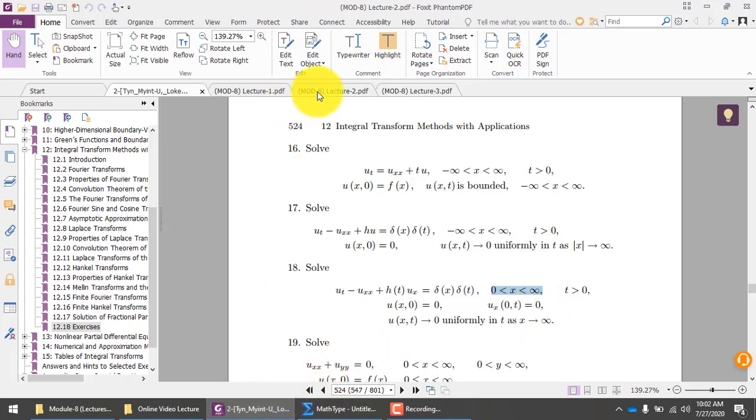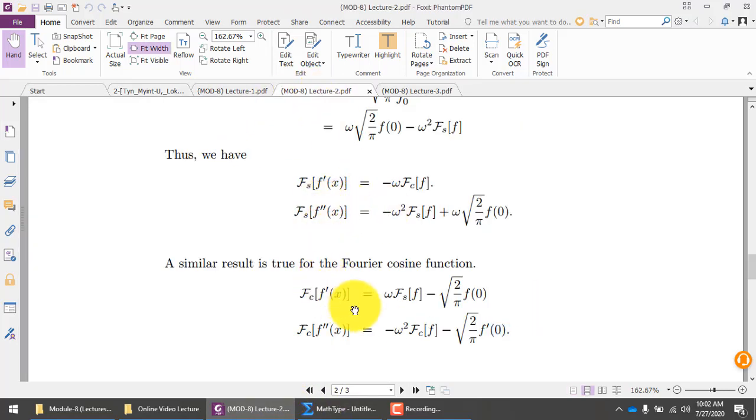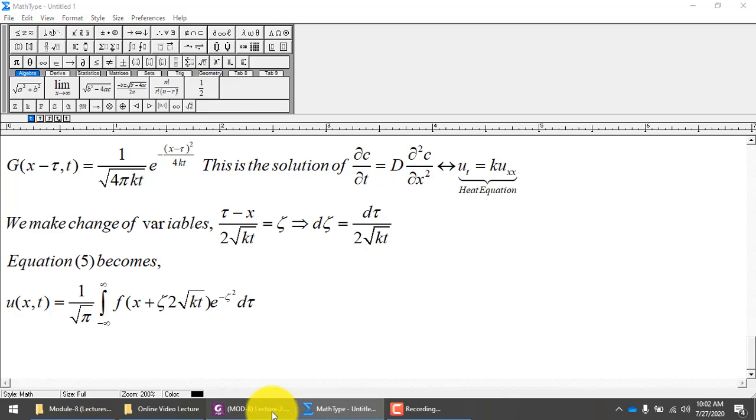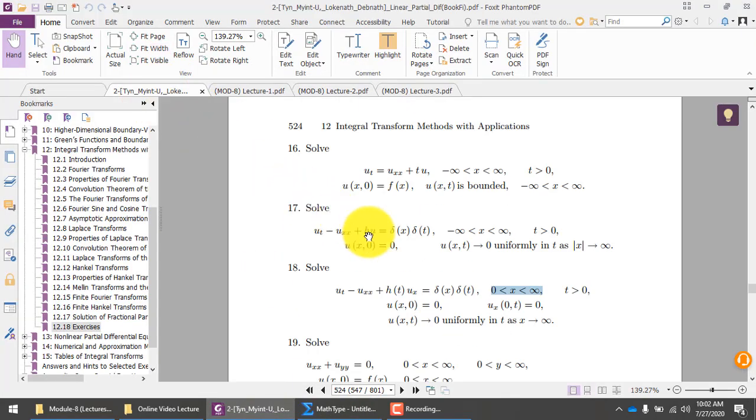You should apply the Fourier cosine transform, because in the cosine transform the double derivative formula uses the single derivative calculation. So for the double derivative with respect to x, you apply the Fourier cosine transform here. This is the idea of how you select which transformation is best suited, by just observing the double derivative formula.